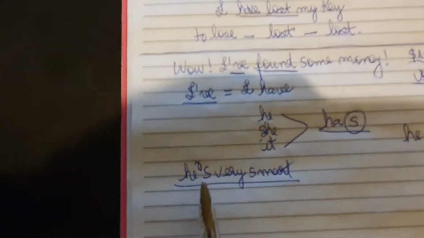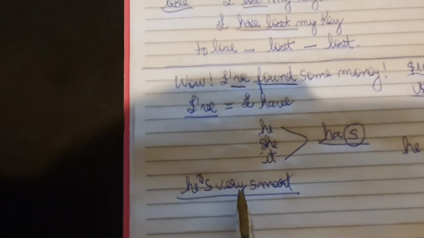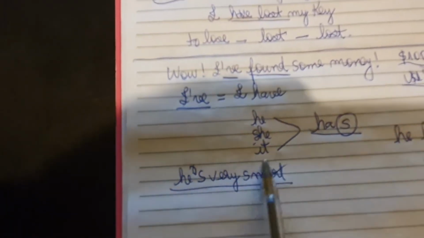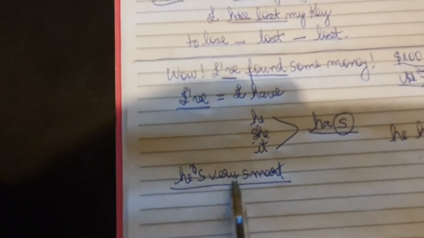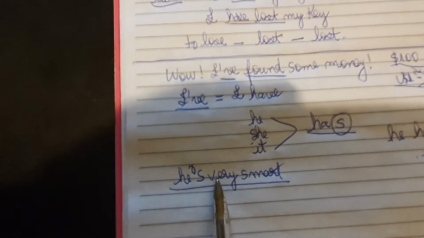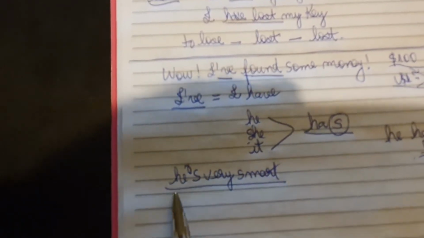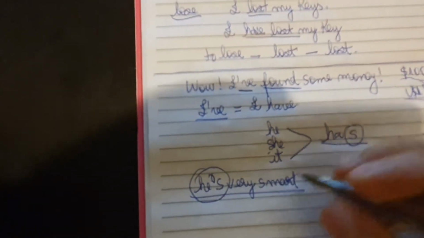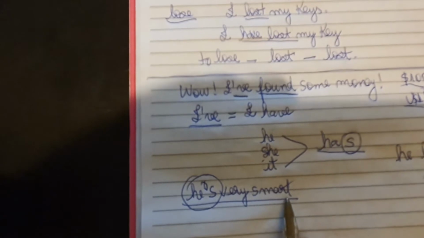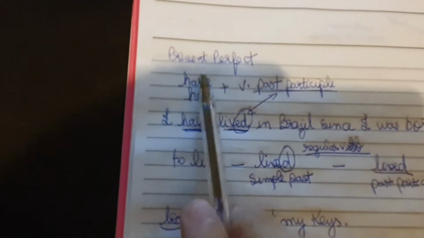What is following the verb to be, the verb here? We have he's and very smart. It's an adjective, smart, and it's followed by an adverb of intensity. Very smart. He's not only smart, he's very smart, okay? And he's the present perfect tense is followed by this structure.